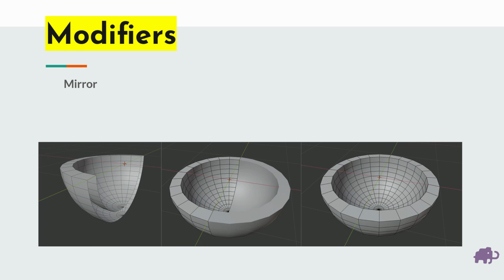So if we're making something that is symmetrical, like a bowl or a face, a face is not the best example, but it's a good start, and then we can make it asymmetrical later if we need to be. But a lot of characters can be symmetrical. Vehicles are definitely symmetrical. So if we don't have mirror on, we're trying to guess to make sure things are in the right spot. But if we have mirror turned on, we know it's perfectly symmetrical. It saves us time so you don't have to model the other side of it.